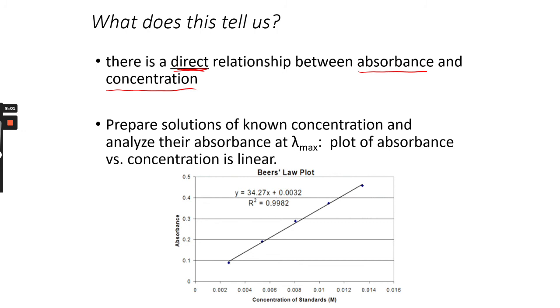So in this y equals mx plus b equation here, x is your concentration and y is your absorbance. So if I gave you an unknown solution now, you can measure its absorbance and come across on the graph, come down, and find out its concentration.